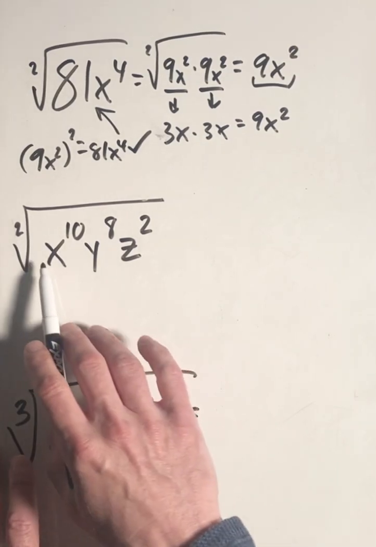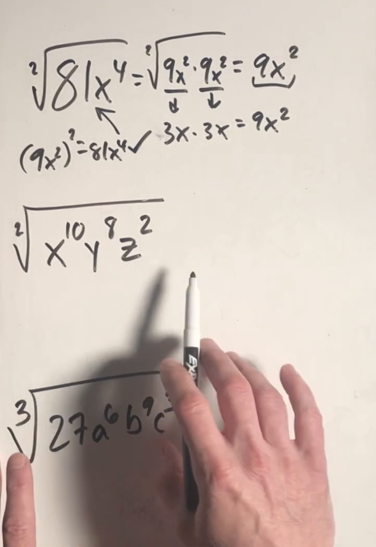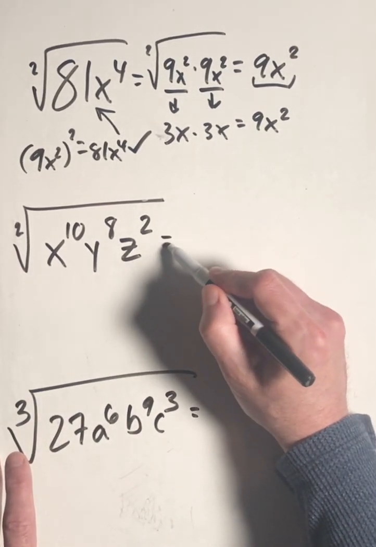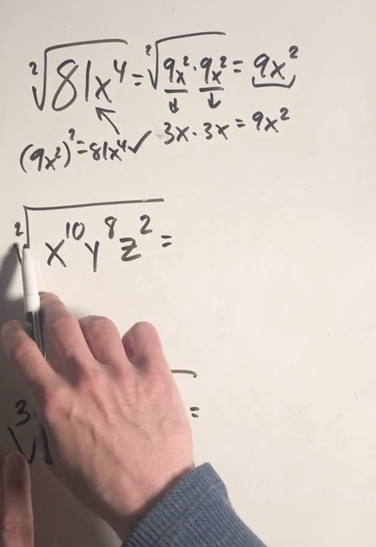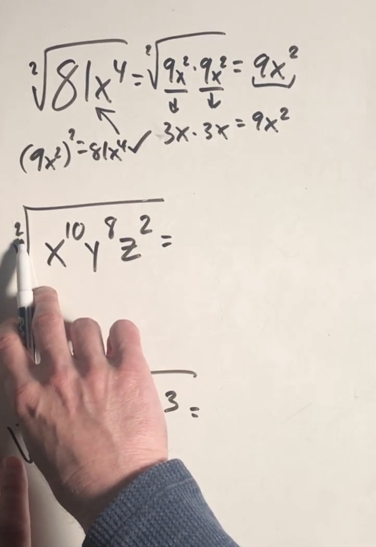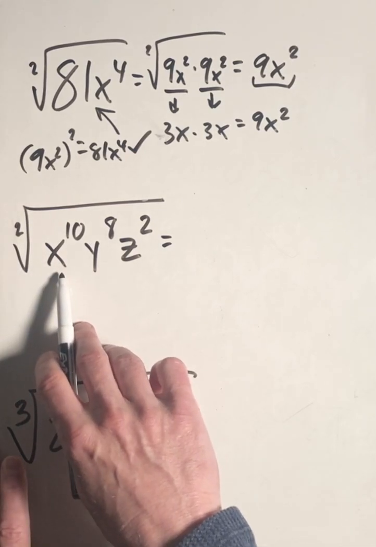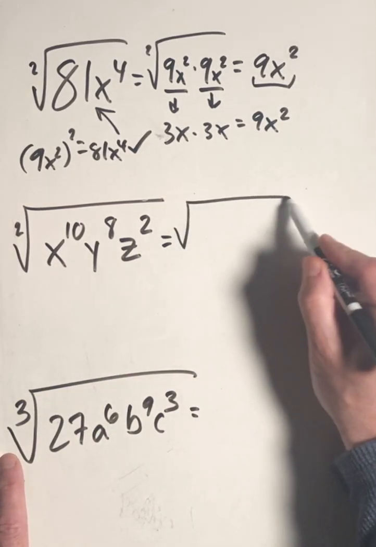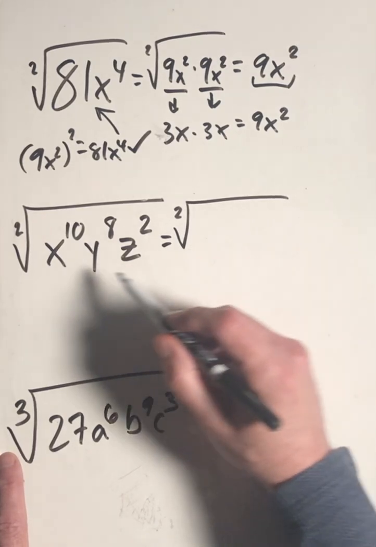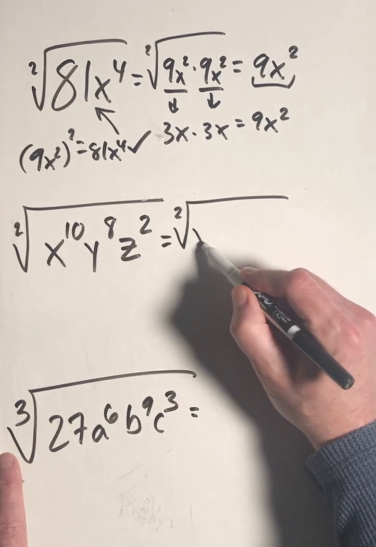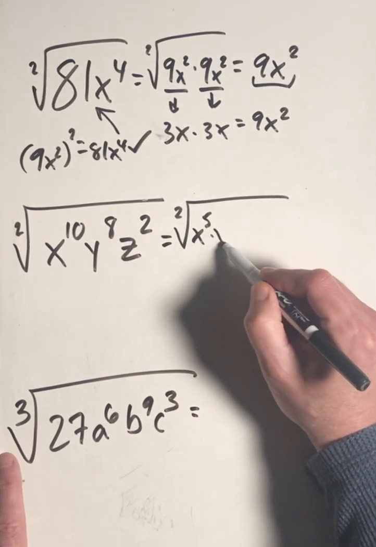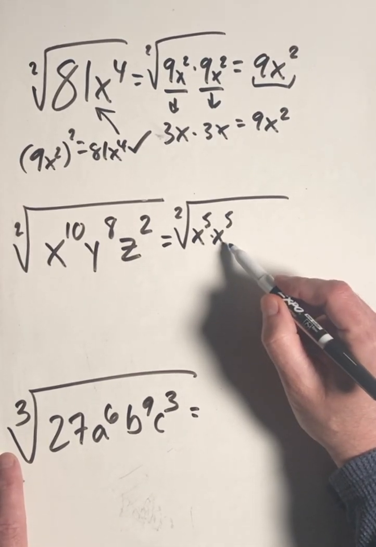Now in this one, we don't have a coefficient, but we have multiple variables. The key here again is that the index is 2, so we are looking for groups of 2 factors that make this number up. So when we're looking at x to the 10th, we're really looking at x to the 5th times x to the 5th.